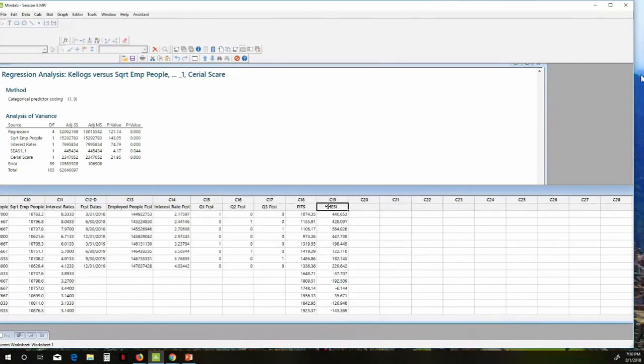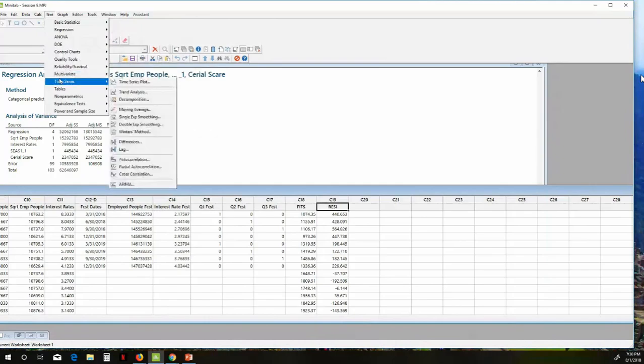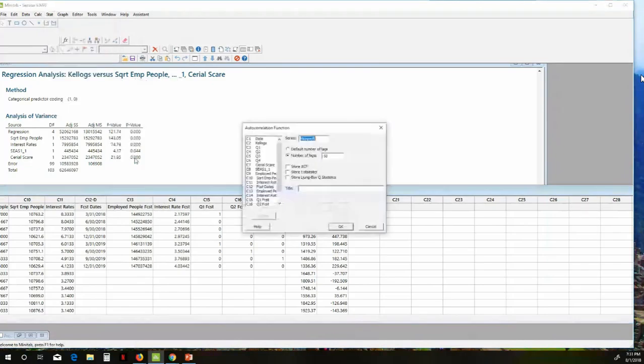All right. Let's look at the residuals and see if they have cycle in them. We could go to time series plot and look at them. That would probably show cycle. But we could also go down to autocorrelation functions for the residuals and look at them with 50 observations.